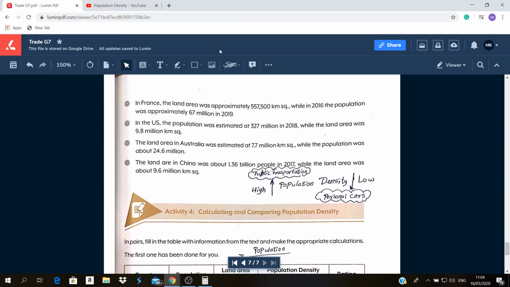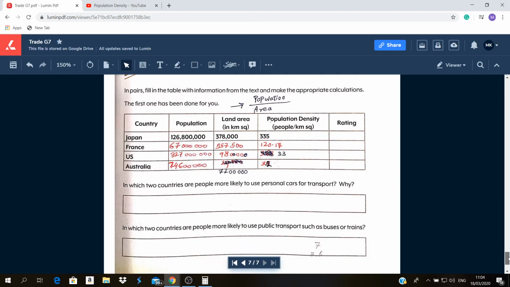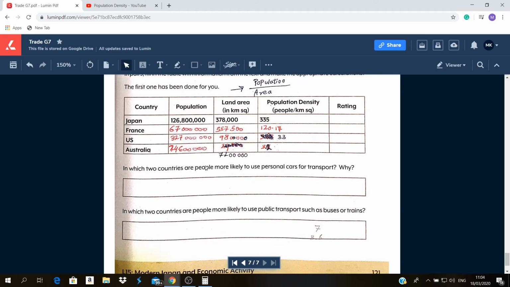If the population density is high, the place is crowded, people are going to use public transportation. But if the population density is low, this means the place is not crowded, so people are going to use their personal cars.